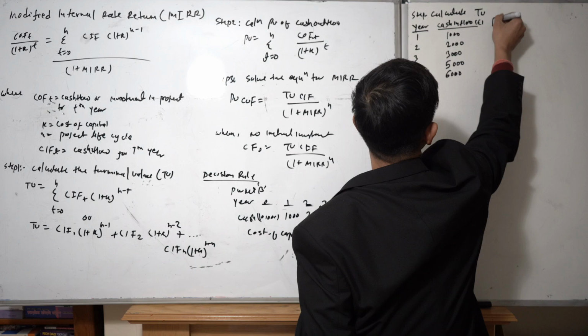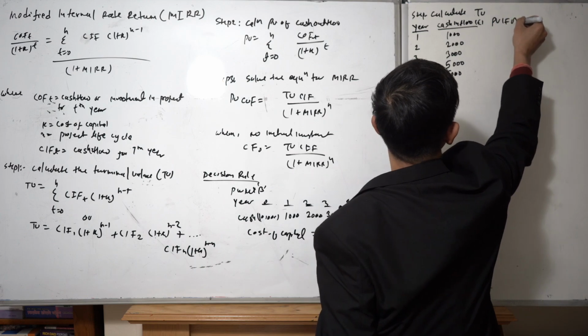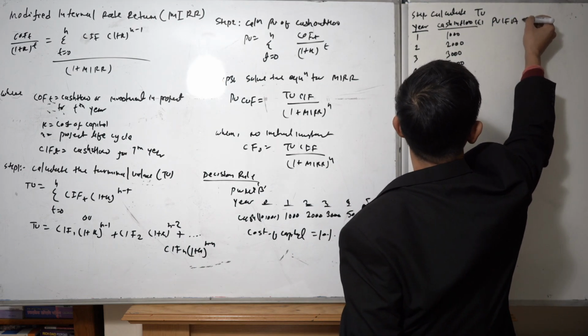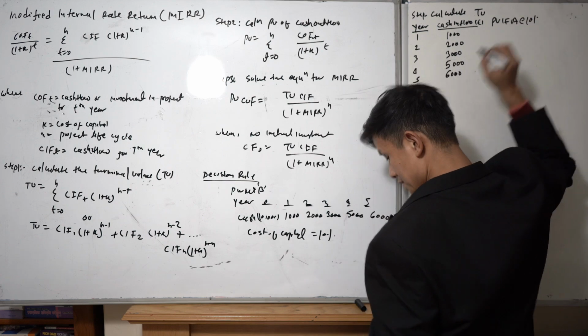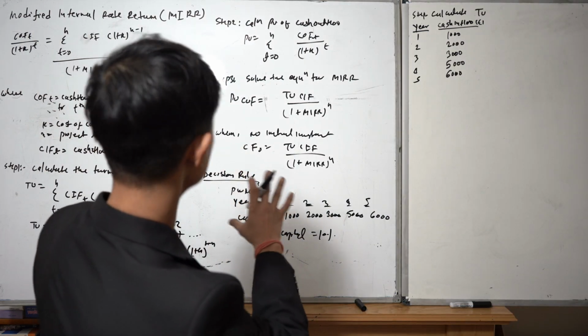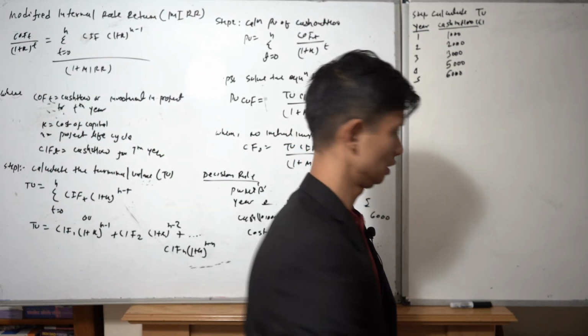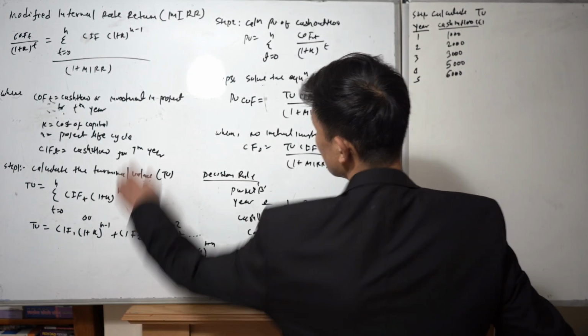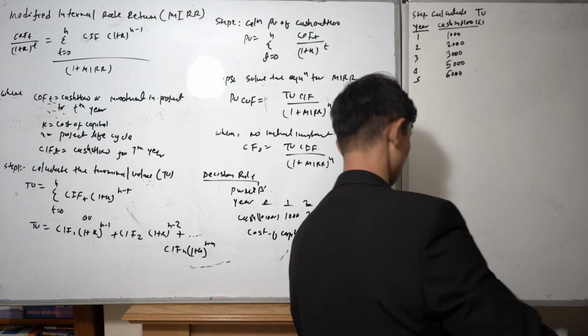And we are looking here at the present value interest factor annuity at 10%. In this case we take the future value of cash flows. So for the MIRR, the future value of cash flow is considered.